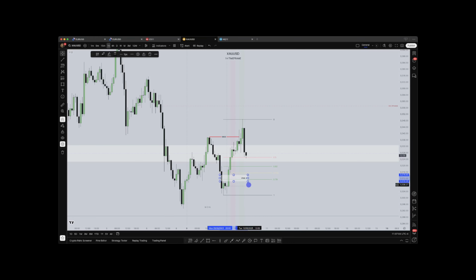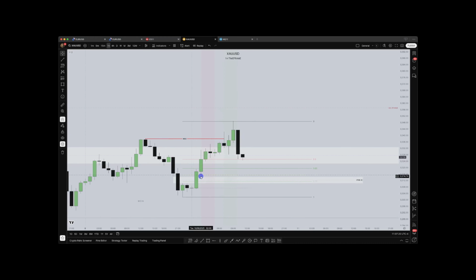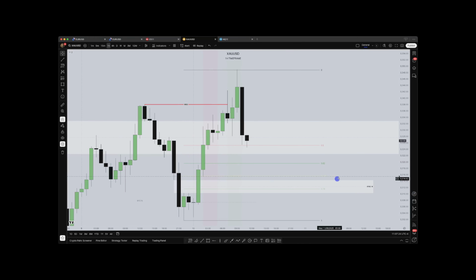This is hourly time frame. So I put my alarm here in this level, which is this low, the low of this week, which also is the midpoint of the optimal trade entry.